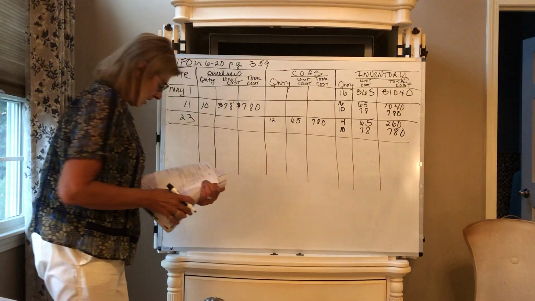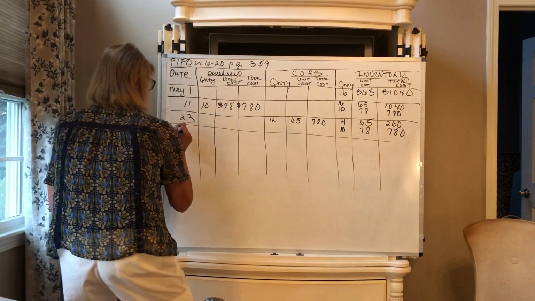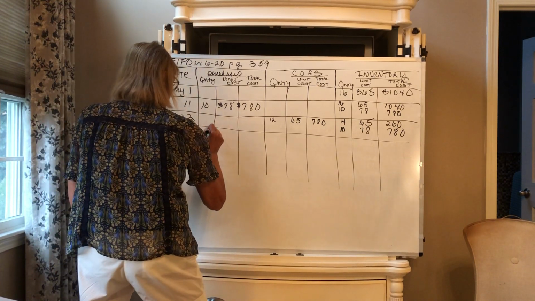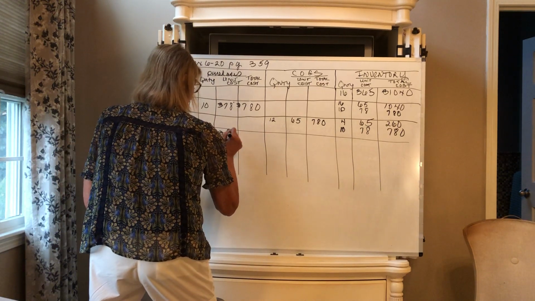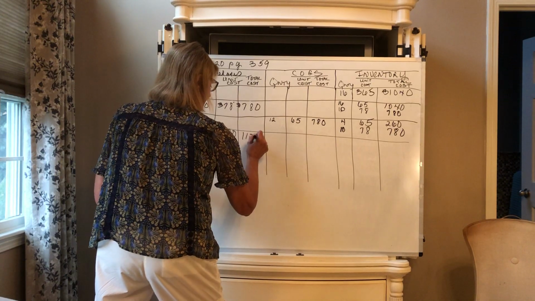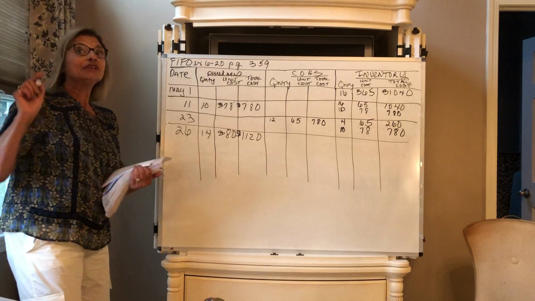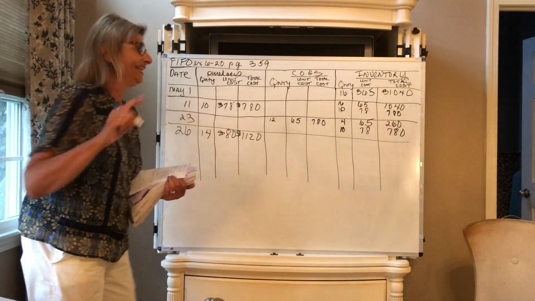Okay. So on the 26th, we have another purchase at a new price. We bought 14 units at $80 this time. So the extension is 1,120. Okay. So now we have 3 different prices, which happens a lot with FIFO.